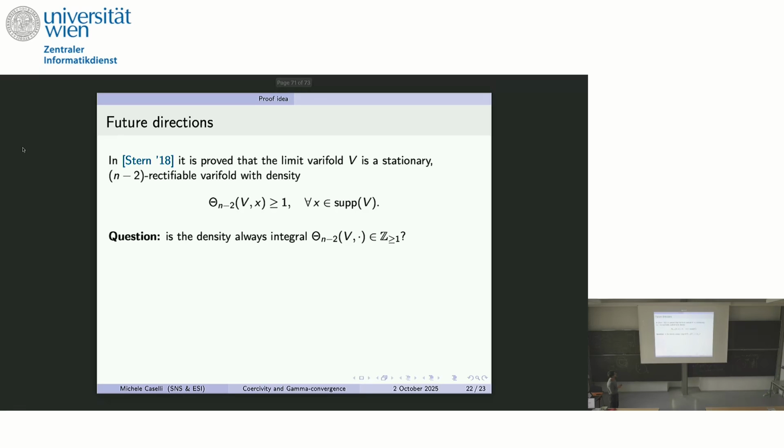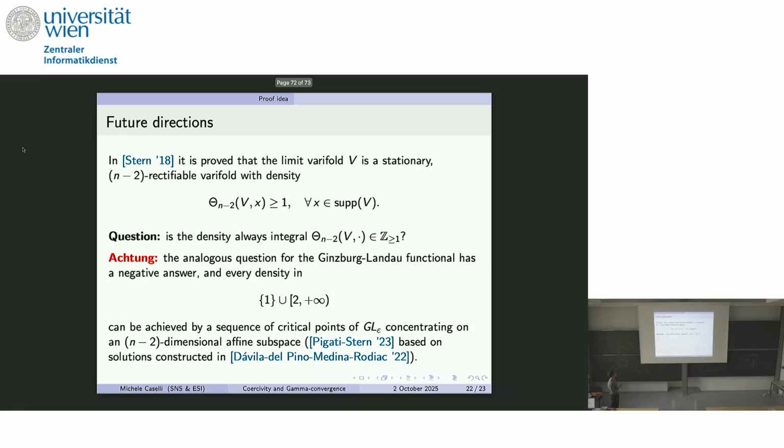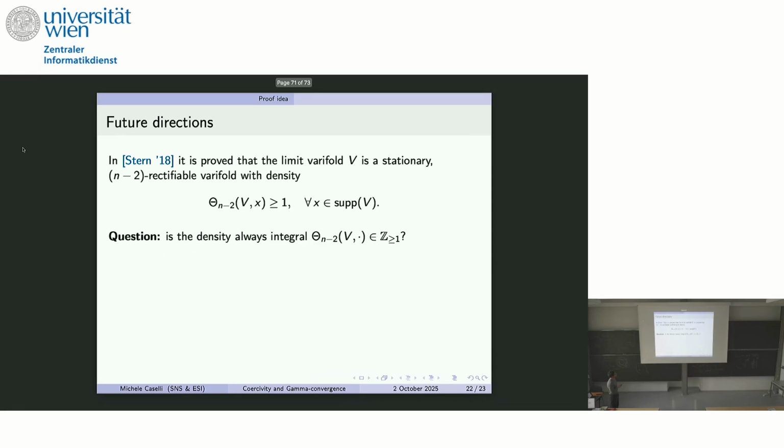But actually, he does not prove that the density is always integral. Okay. He does not find an integral varifold as a limit. So the question would be, is the density of the limit varifolds integral?